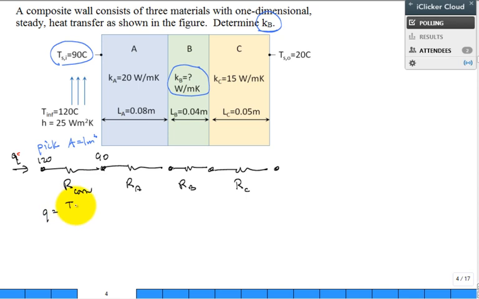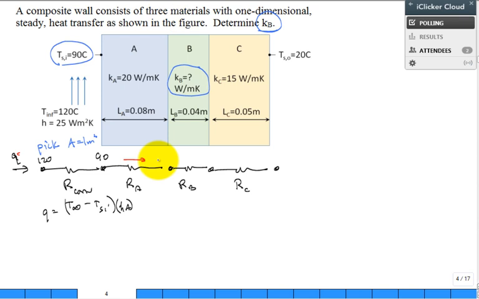So what would Q be? It would be T infinity minus TSI, divided by the resistance, or 1 over HA, or just forget about the resistance. Sometimes you just put an HA there. And so you have that flow. Once I know that flow, that same flow goes through here.